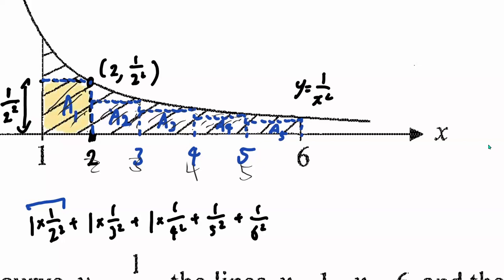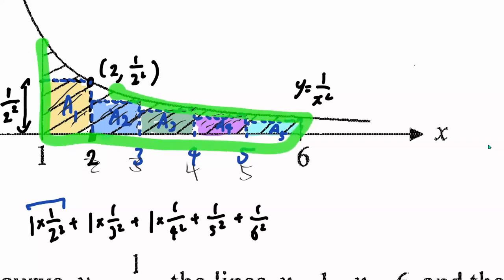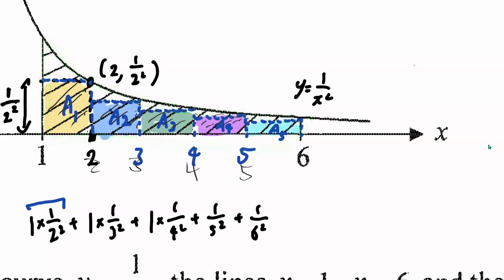So a yellow rectangle, a blue rectangle, a green rectangle, a purple rectangle, and then a light blue rectangle. Clearly, the sum of the area of these rectangles is always less than the area of this entire shape under the curve, right? This entire region, right? That's the main point. That's all they're asking you to do.